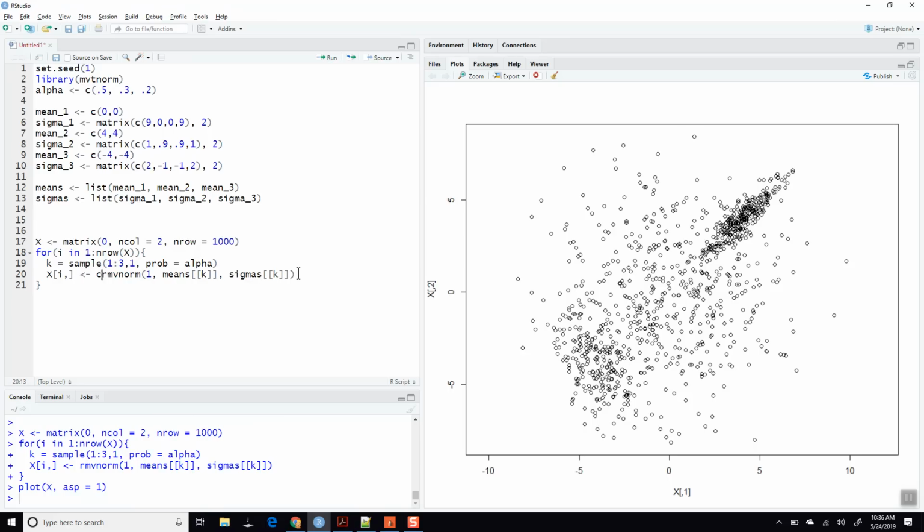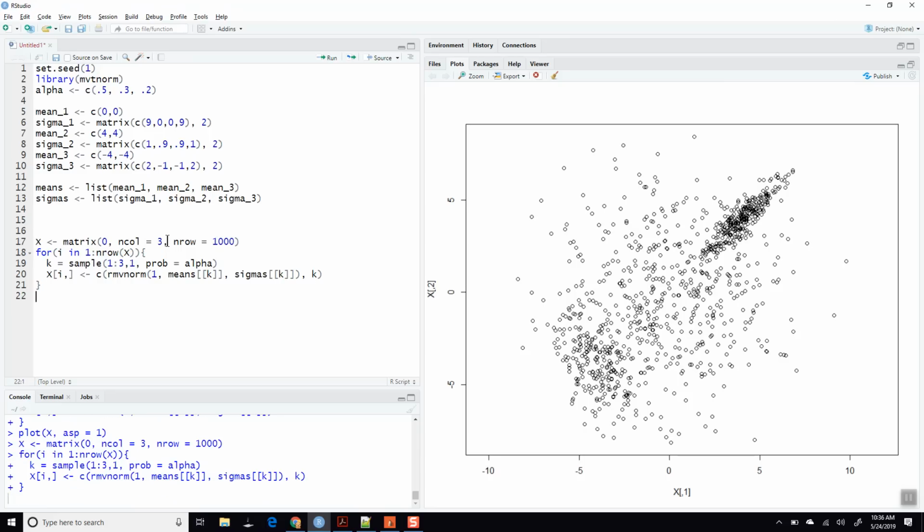And I didn't color this, but I suppose I could have, if I wanted to. I could paste together, add the value k in here. We'll just add a third column, okay?